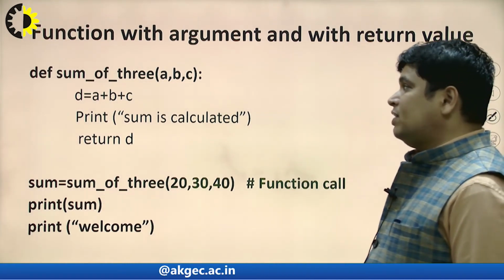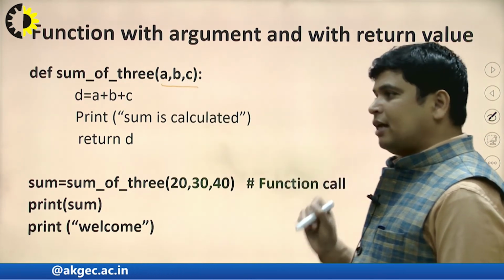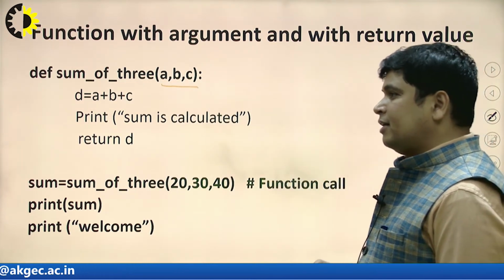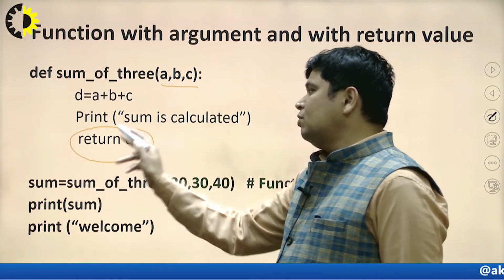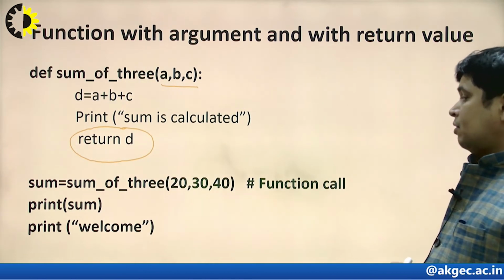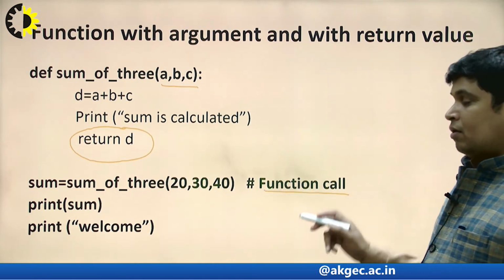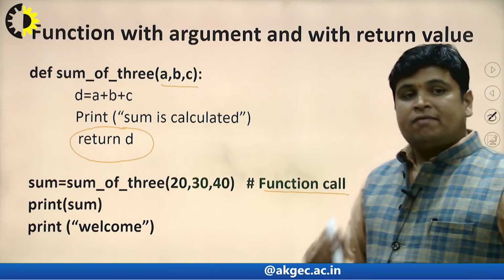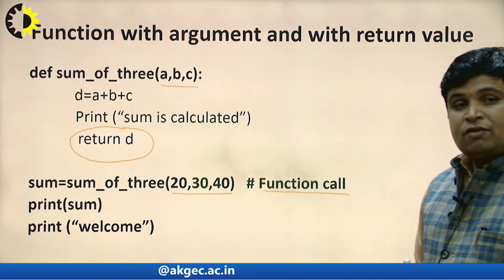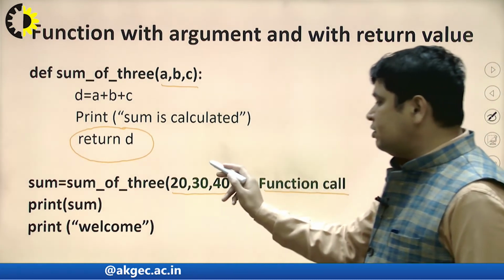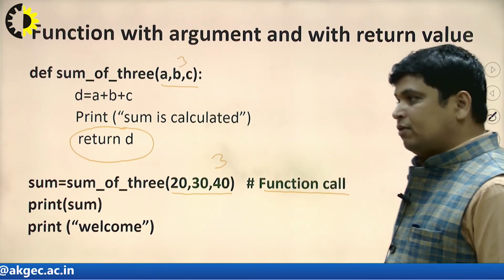When the function is called, we have to pass the actual values. How many actual values? 3, because in the function definition we have 3 arguments.